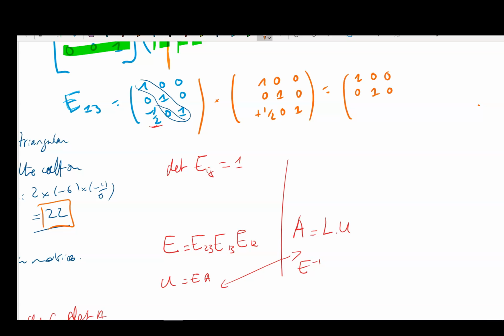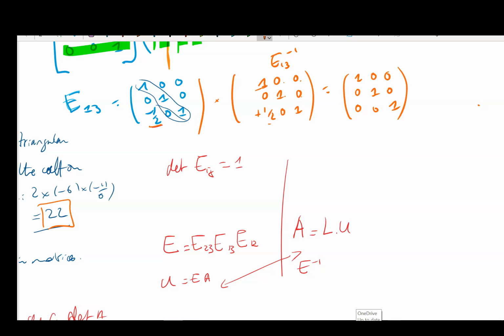That's just the beginning of the identity. And then I get negative 1/2 times 1 plus 1/2, which makes 0. Then 0, 0, 1. So indeed, that's exactly my E13 minus 1. That's as simple as that.